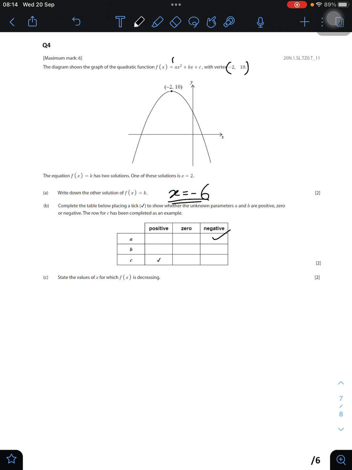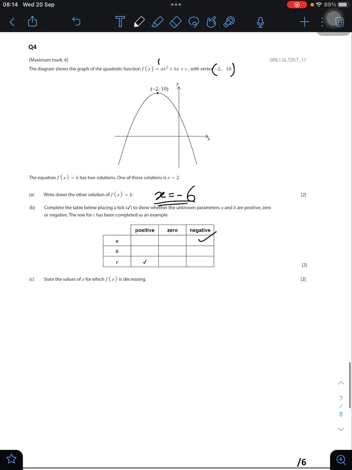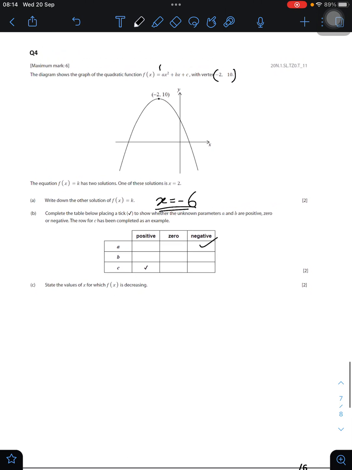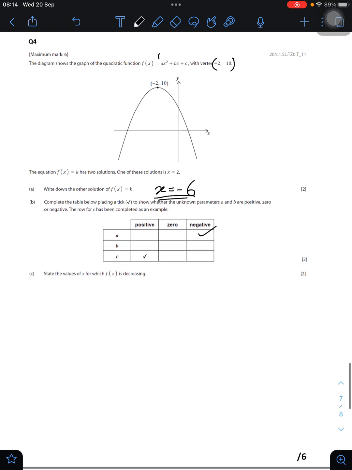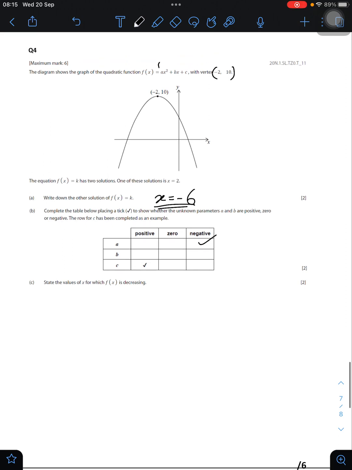Okay. No problem. And then on part B here, for the value for B, we've got to figure out whether it's positive, 0, or negative. I think, for me, the easiest way of doing this is to think about what our vertex is.